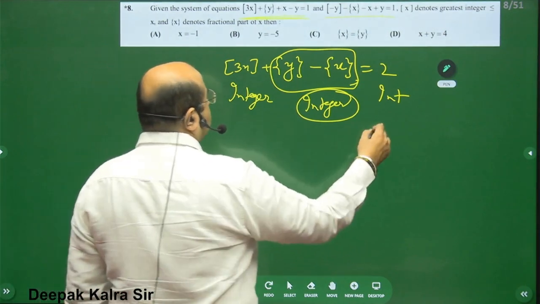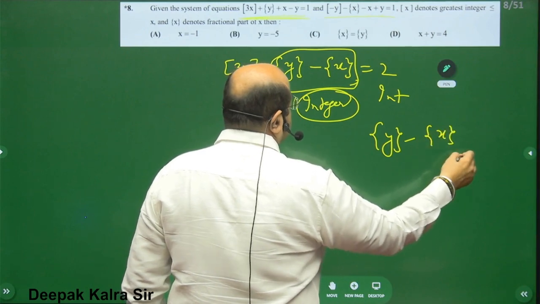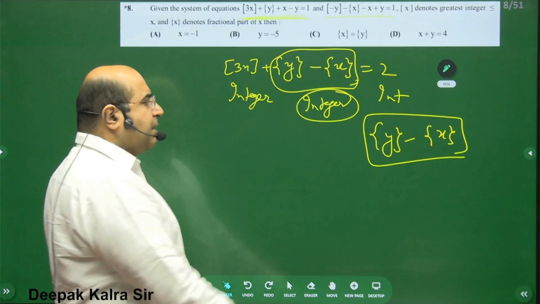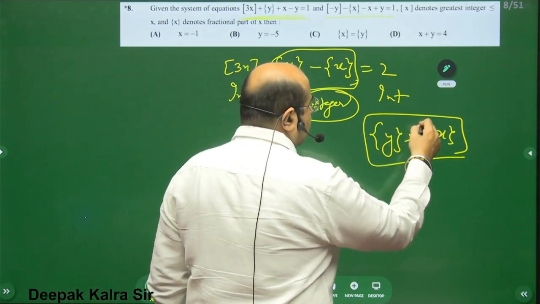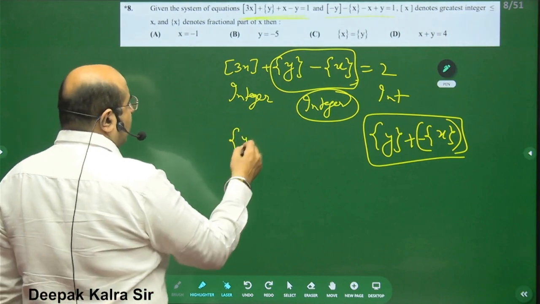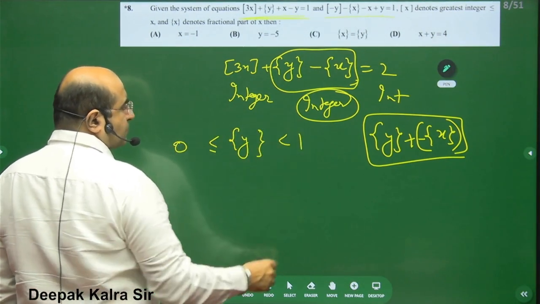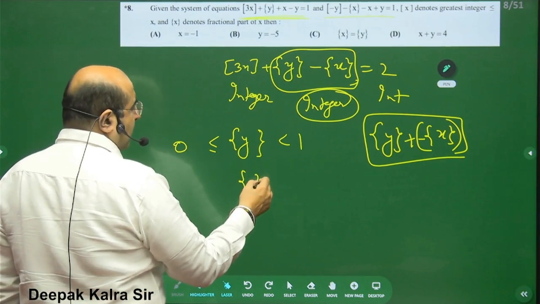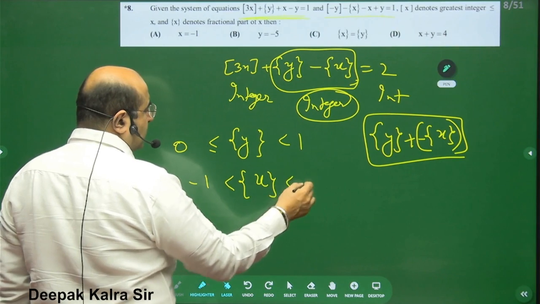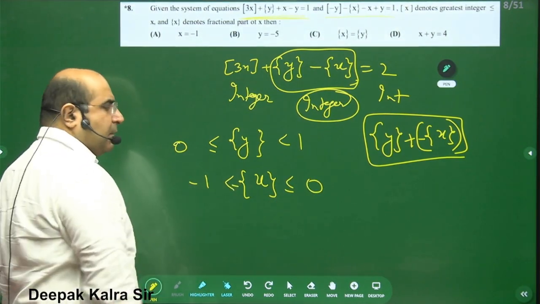Your fractional part of y minus fractional part of x should be an integer. What I'll say like this, plus make it minus with this. We know that fractional part of y will lie between 0 to 1. Fractional part of x will lie between minus 1 to 0. Clear?